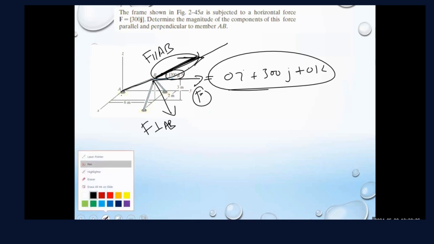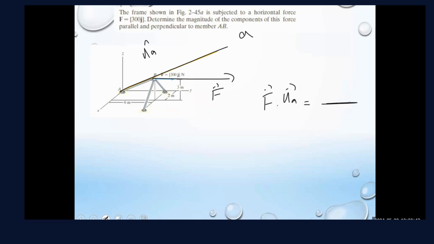Think of it like this: if this is an axis, I'm calling this axis A. If you know the unit vector of this, and the force is already known, when you take the dot product, the answer you get is the projection, but again the magnitude, not the vector itself. Dot product gives you a scalar answer, not a vector answer.